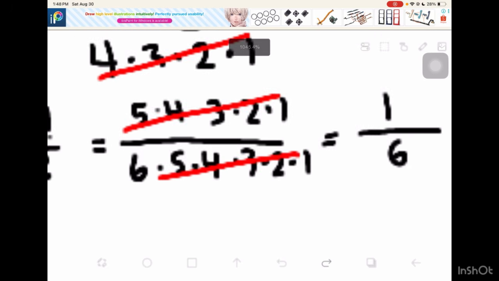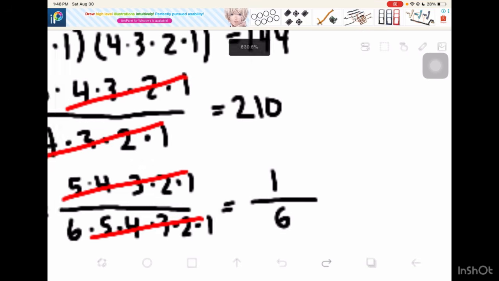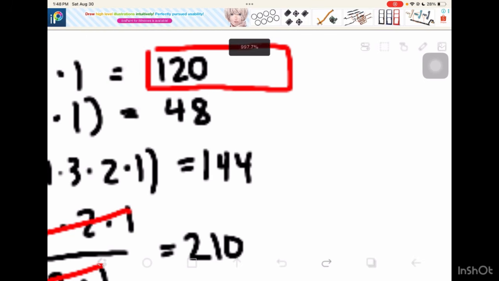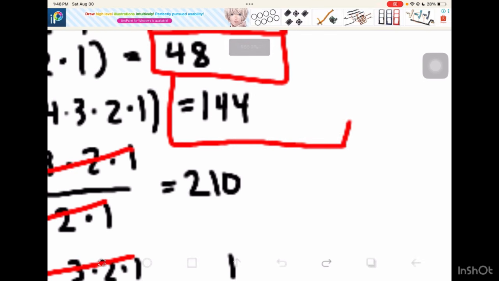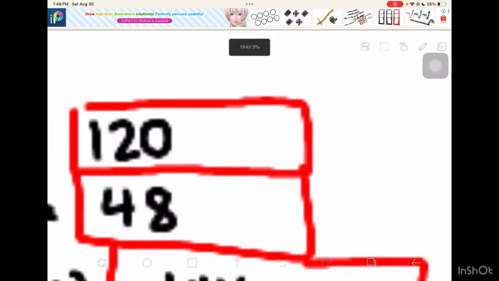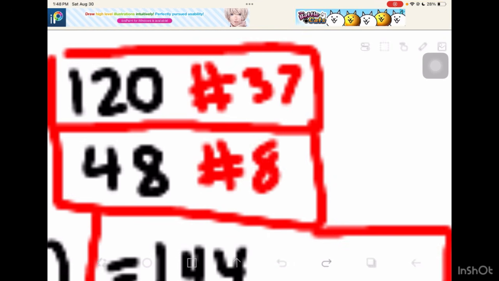So we have the 6 from the denominator here, and since we canceled everything in the numerator, we just put 1. So let me just box all our answers. And let's number them so that you can use this while checking out the raw files later, which I'll be posting.